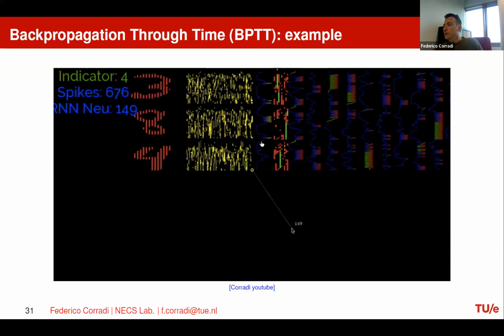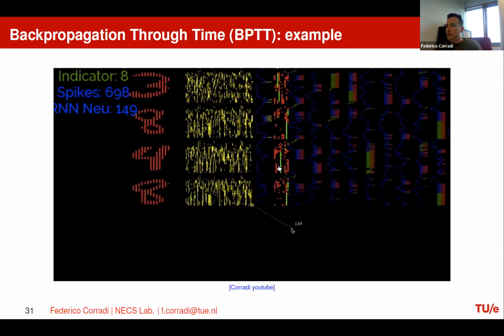This is the membrane potential of one of the neurons, in this case neuron number 149. And then we have the 10 output neuron spikes visible in this column, in this region. Those are in red. And whenever a neuron spikes more than the others, it gets colored green in a certain time window, right? And so what you see is that neurons 0, 1, 2 spike the most at the beginning, but then the 3 starts firing slightly after. Then we have neuron 8, and then we have neuron 4.